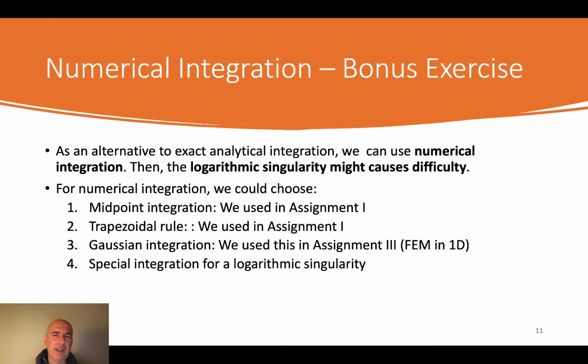Those were like 2 divided by square root of 3. So those are the weights that come from the Gaussian integration. We touched on that very briefly in the first exercise of FEM in 1D. And there is also an extension of the Gaussian integration to take into account the logarithmic singularity.